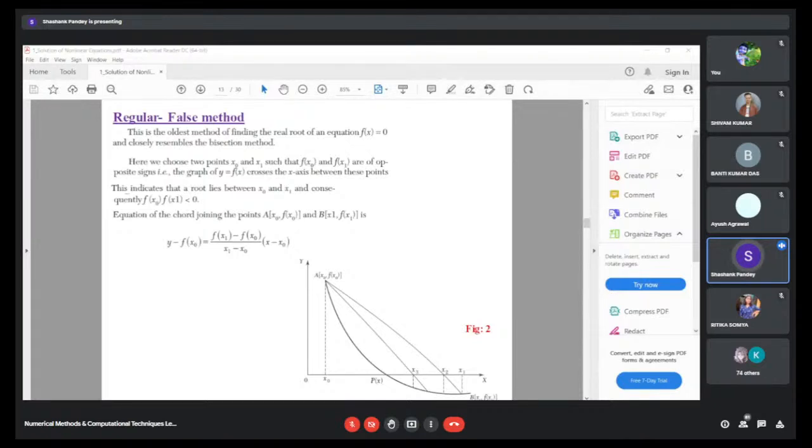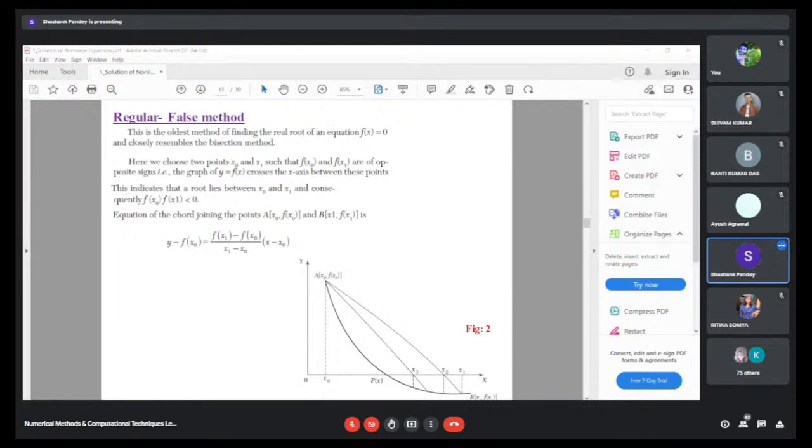Now we can approximate this polynomial by a straight line, or you can say a chord joining point A to B. You can see this straight line cuts the x-axis at point x2. So this x2 is one of the approximate roots of this function.